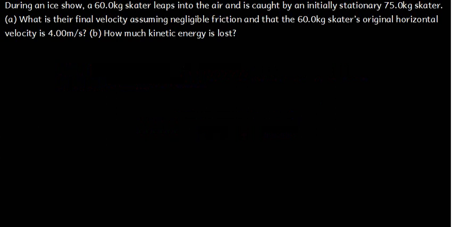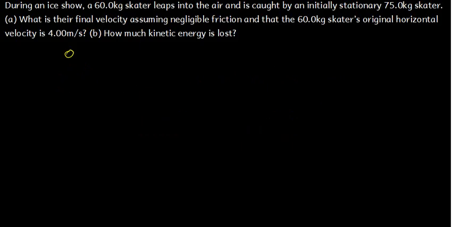So what you have is someone who is sliding. As this one slides at a velocity of 4 meters per second, they go to another one who is initially at rest, and they hold each other and move together.